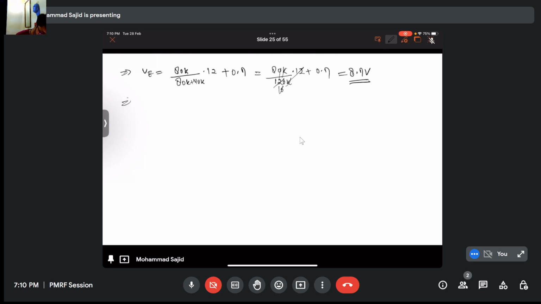So current IE will be given as VCC minus VE by RE, and VCC is given to us as 12 volt minus 8.7 volt divided by RE.